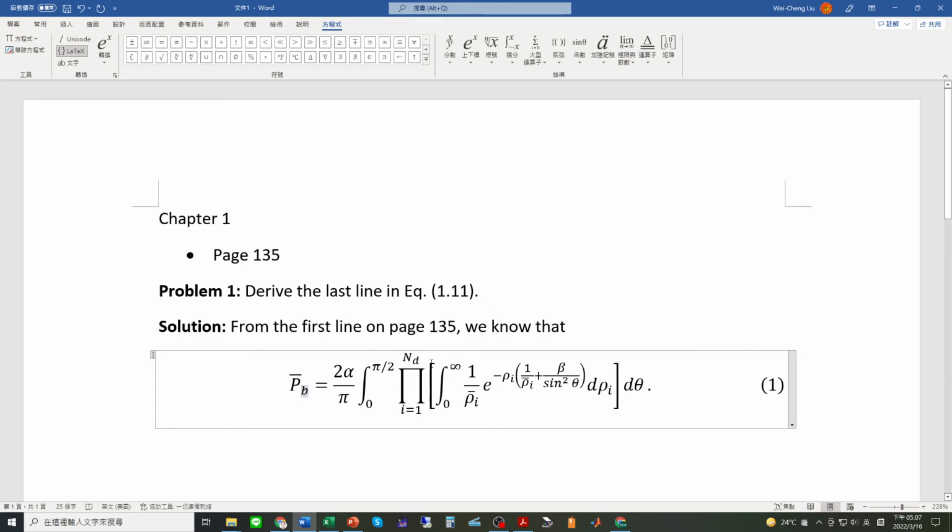In the bracket, it is an integration from 0 to infinity, 1 over rho bar I exponential minus rho I times 1 over rho bar I plus beta over sine square of theta d rho I d theta.